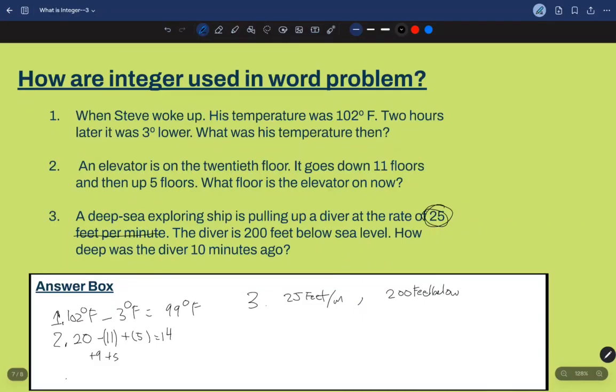The reason is that every single minute he was getting pulled up by 25 feet. So 10 minutes before, he would have been 25 times 10 further below. Because he is 200 away, you should add 250 plus 200, which is 450. So 10 minutes ago, he was 450 deep.